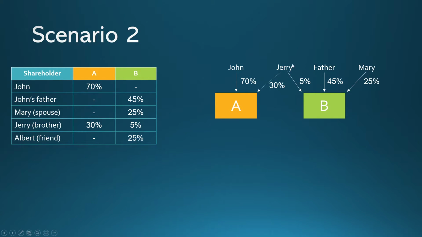The thing is, while Jerry does satisfy that criteria, Jerry only owns 5% of Company B, not 25% of Company B. So, at least according to those five provisions, Company A and Company B are not associated in this instance. Let's look to scenario 3.